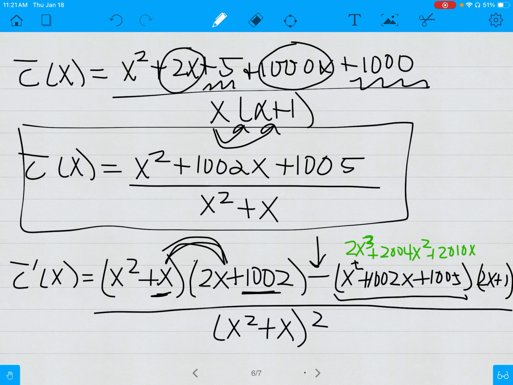Man, I'm running out of room here. Sorry, I'm going to have to go up this side. Plus x squared plus 1002x plus 1005. But all of that is being subtracted, and so that negative is going to propagate through all of that.